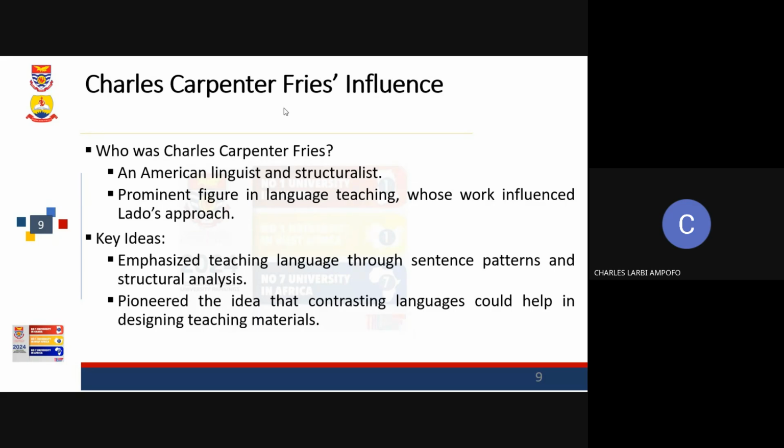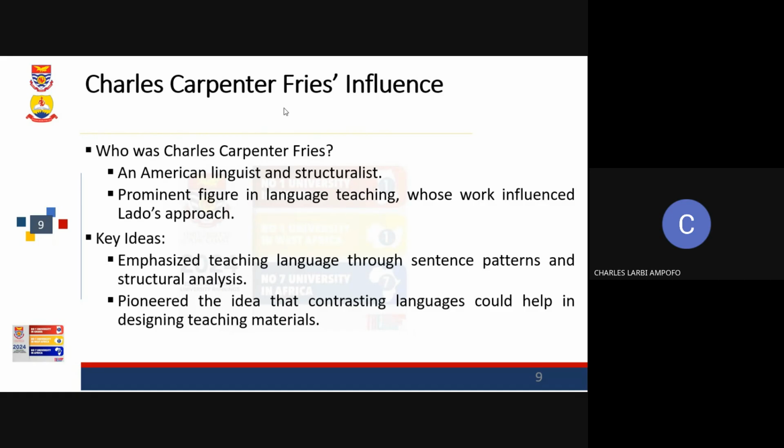So the aspect of structural linguistics influenced Lado in coming out with the contrastive analysis approach. He also pioneered the idea that contrasting languages could help in designing teaching materials.